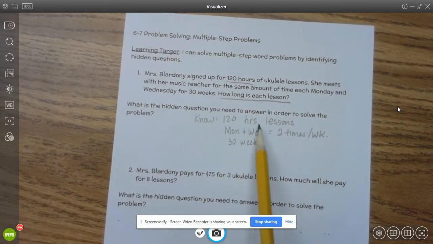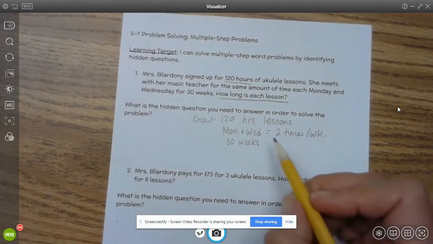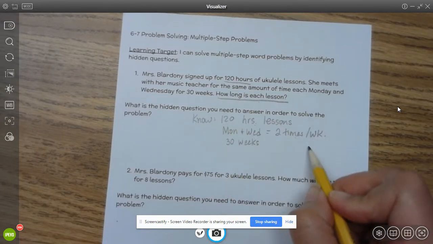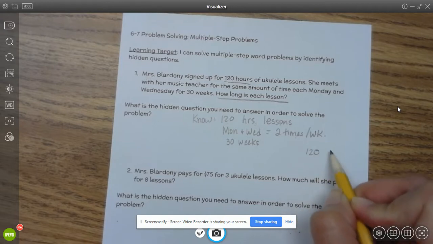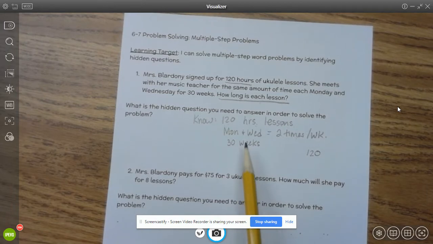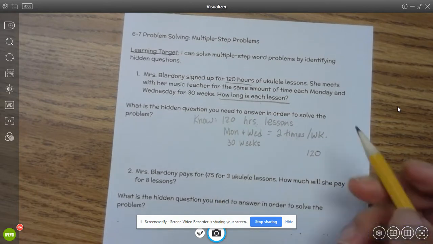So I have 120 hours in lessons, and I meet 2 times a week, and I meet for a total of 30 weeks. So if this is my total, I'm thinking this is going to be my dividend, 120 hours. And if I am going for a total of 30 weeks, 30 needs to be divided into 120.